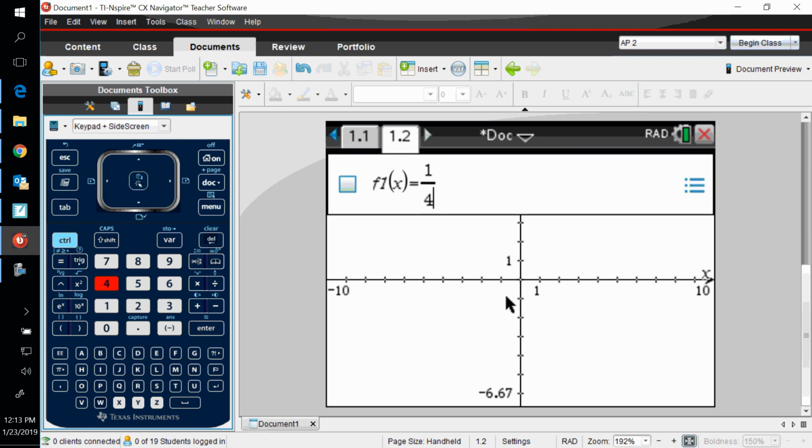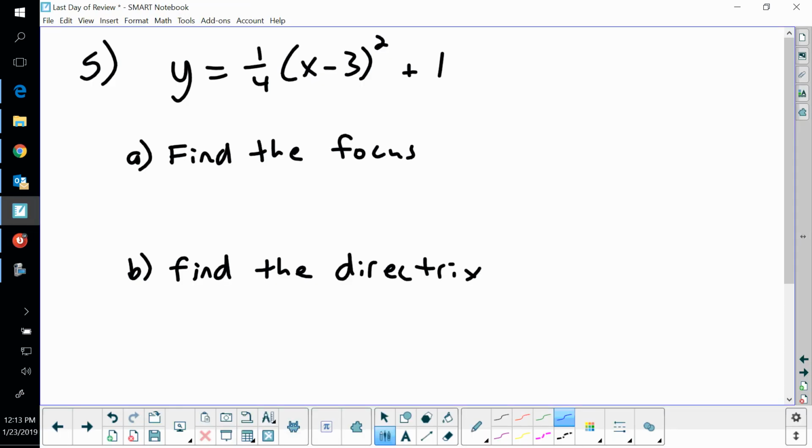So again, we have 1/4, we have x minus 3 squared. And what was at the end? We had a plus 1.